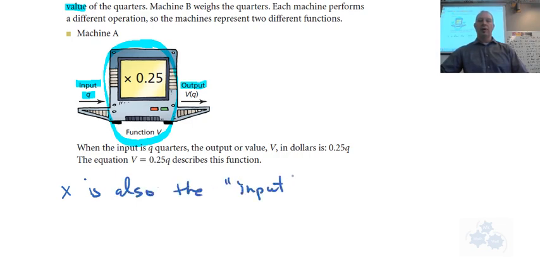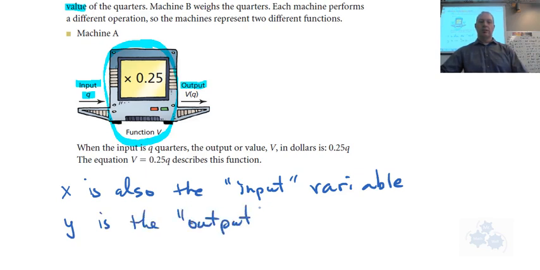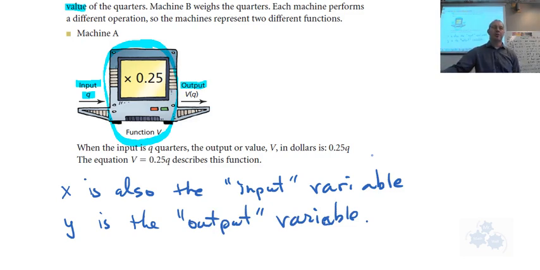You might want to jot this one down for sure. Okay, so the x, the domain, the independent, is the input variable. The y is the output variable. So here's the math description of the function.